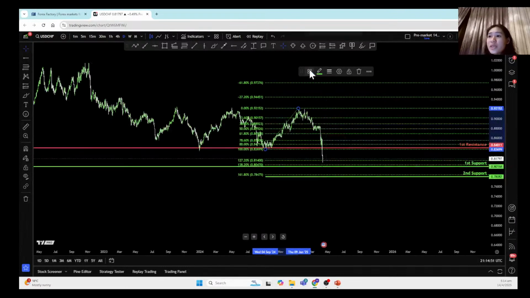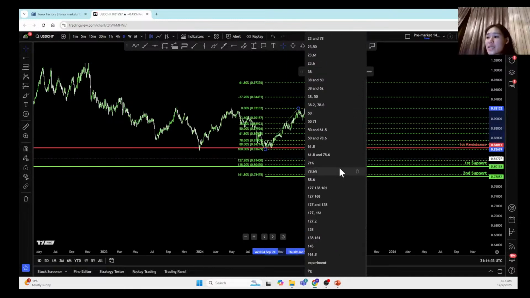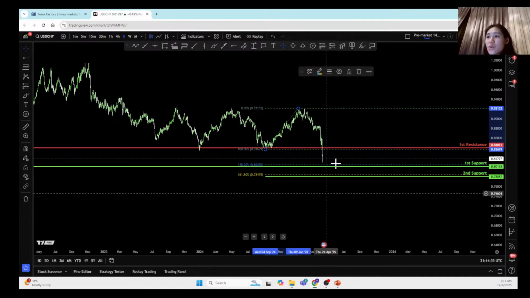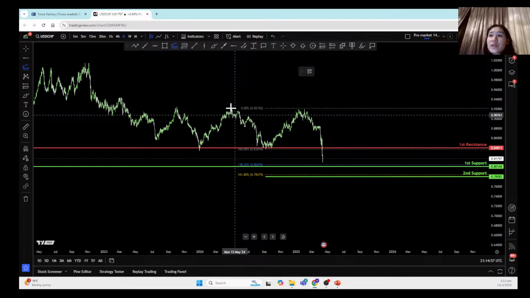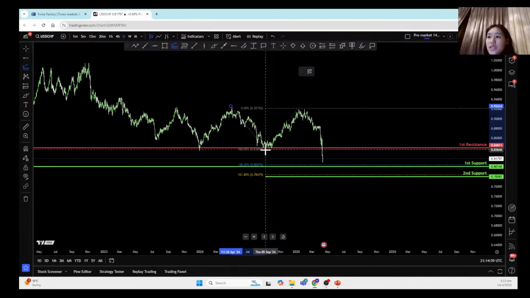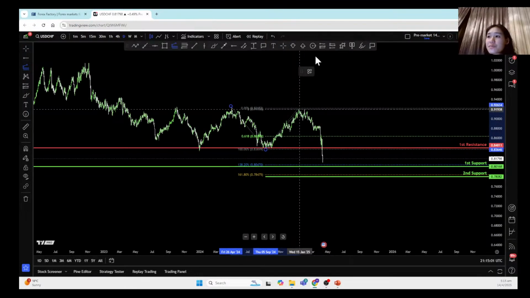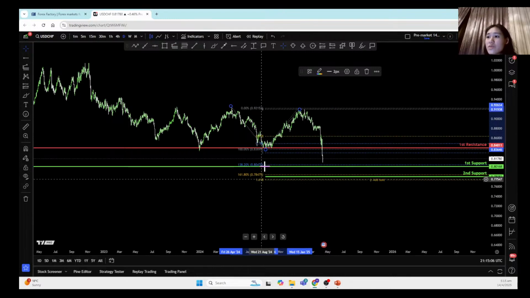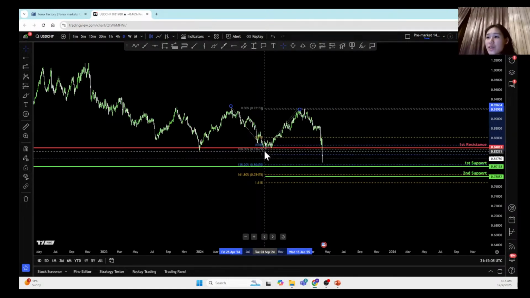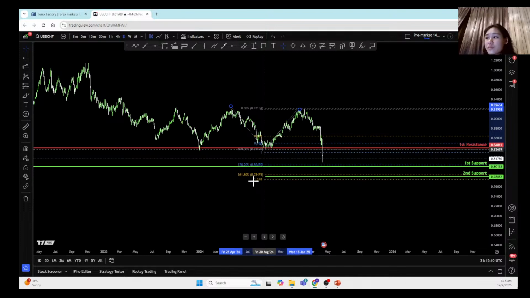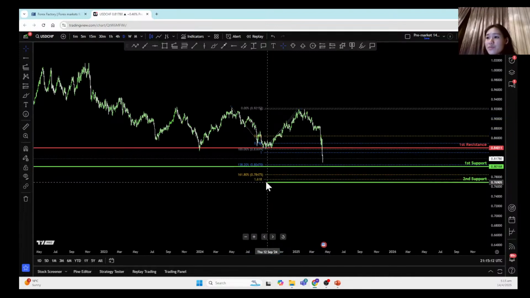So we'll just keep the 138 and 161. And I'll also be going in with our Fibonacci projection. Okay, so I'll keep that 161 level as well, in line with that second support.